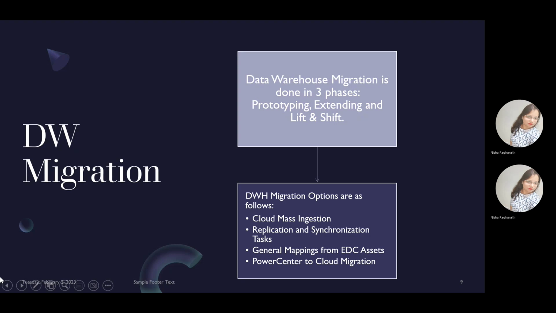Going forward, guys, we'll learn in our coming videos how cloud mass ingestion is helpful for data warehouse migration, and in what scenario we pick mass ingestion or else the replication and synchronization task. We'll learn the pros and cons of them, and there is directly an option in the IICS Data Integration application where you can convert the PowerCenter workflow into IICS task flows.